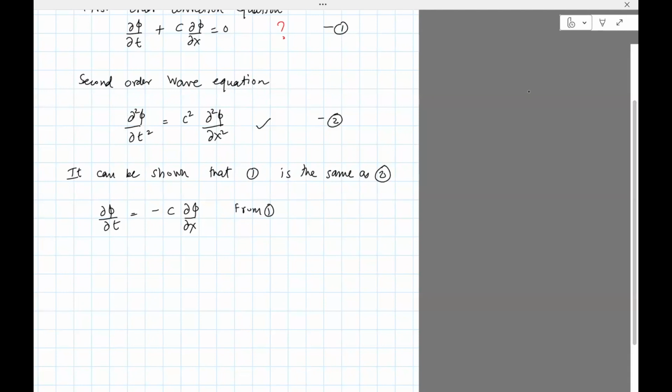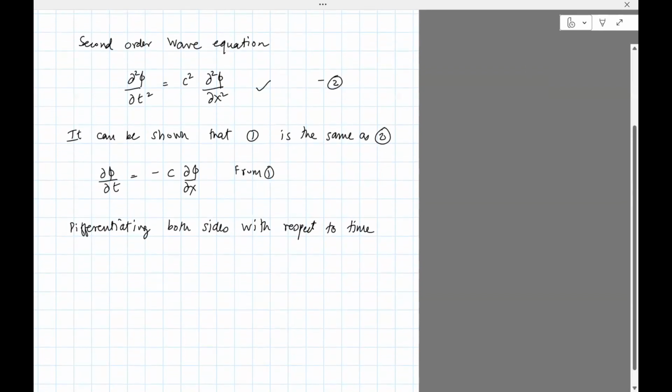Okay, now what we'll do is we'll take the second derivative of this. So differentiating both sides with respect to time, ∂²φ/∂t² equals minus c, c is a constant so I can pull it out, ∂/∂t ∂φ/∂x. Okay, just taking the derivative.